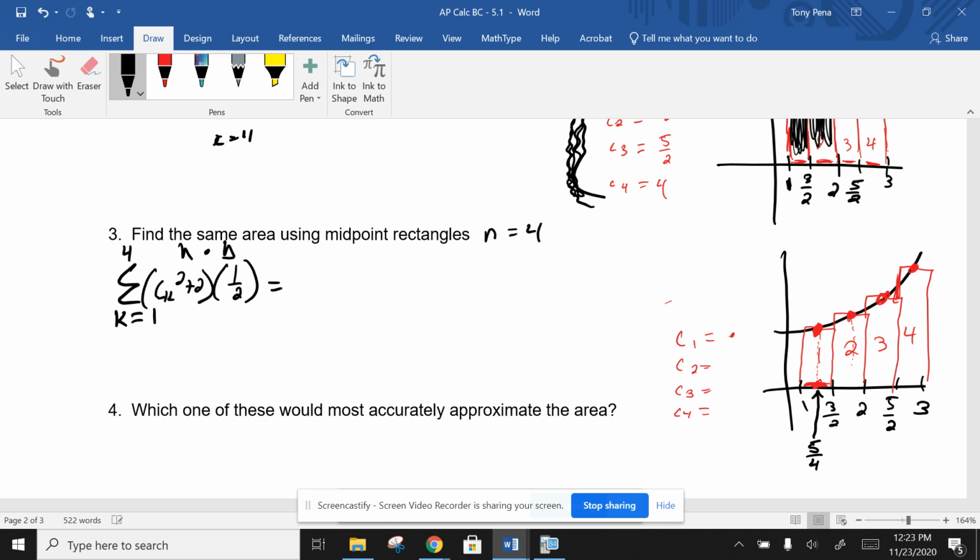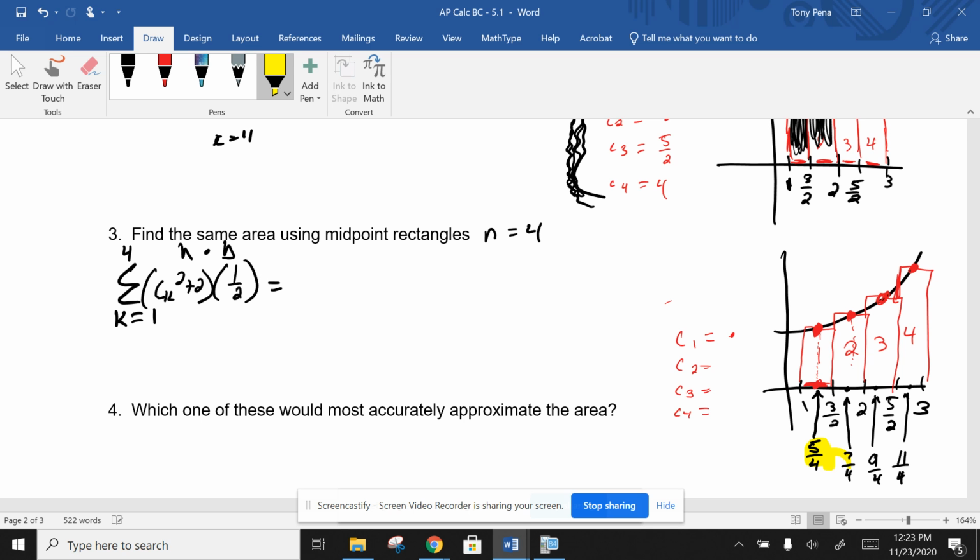So I'd write it as 5/4. The number in the middle right here between 1.5 and 2 would be 1.75, so 7/4. And then our number in the middle here is 9/4. And then this final midpoint would have been hitting the curve at 11/4.